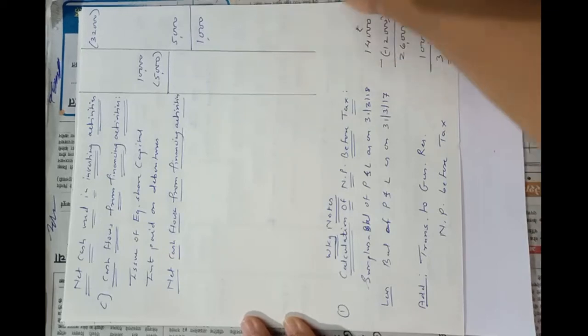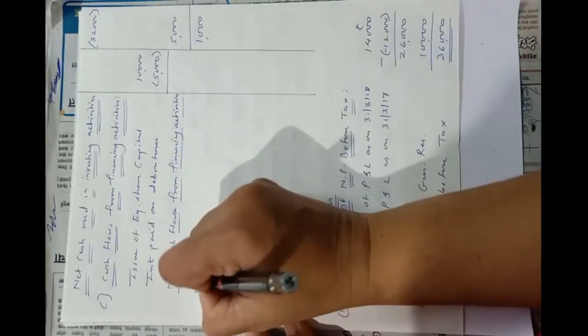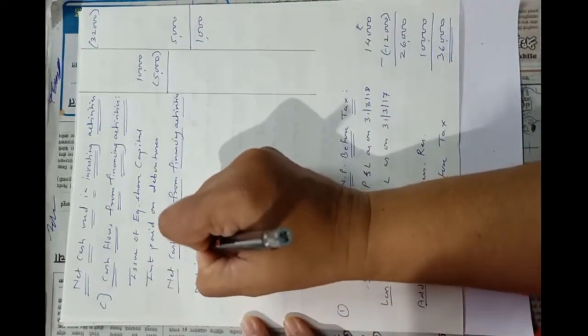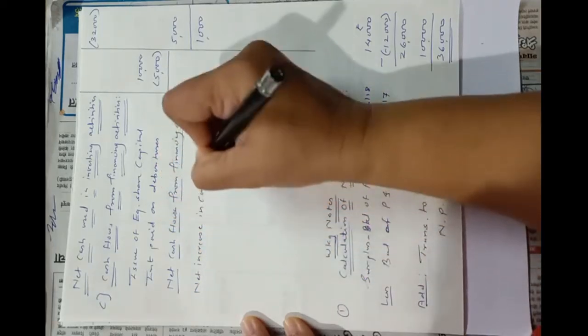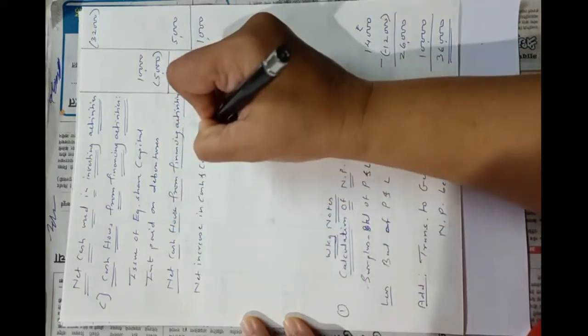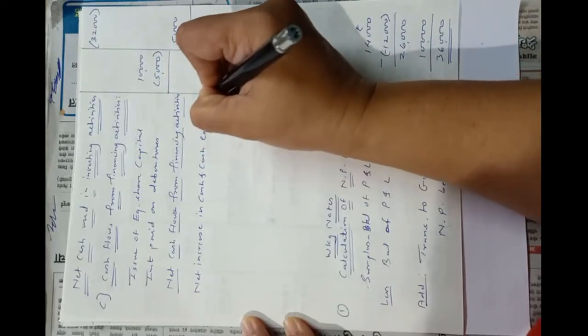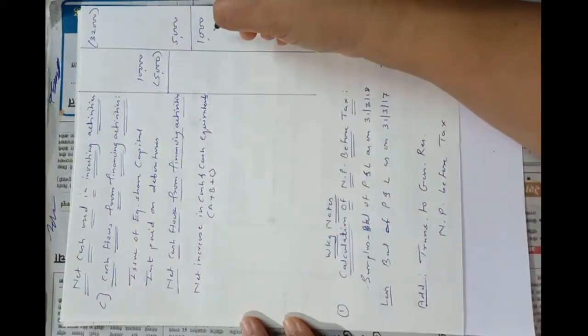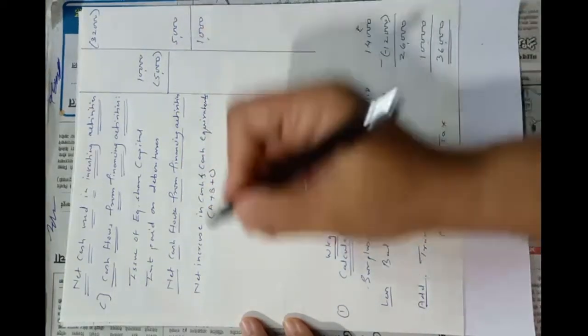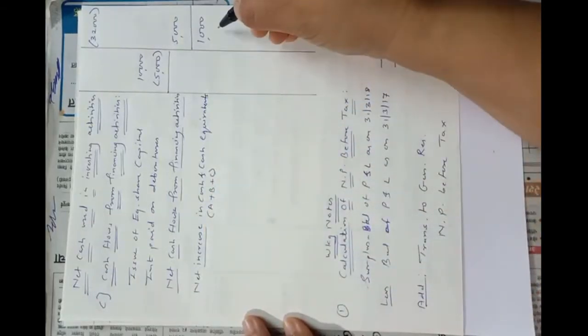So there is net increase in cash and cash equivalents, that is A plus B plus C, final answer 1,000. As it is positive, it is net increase in cash and cash equivalents.